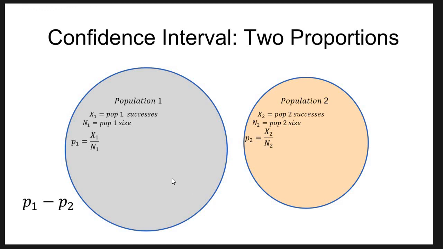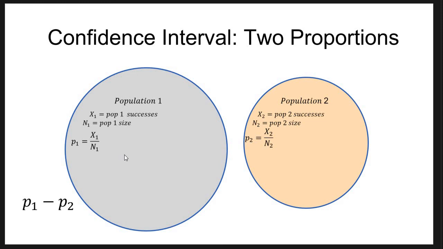For instance, this could be a population of Democrats, this could be a population of Republicans, and I want to know what percentage of each group feels a certain way about a certain issue. Maybe it's the overturning of Roe versus Wade.